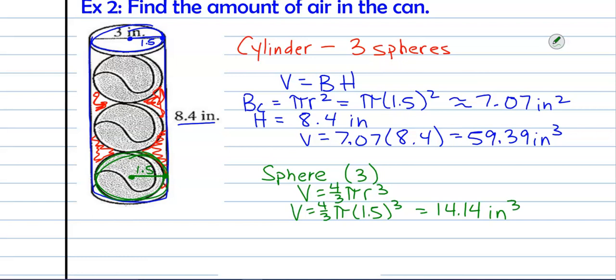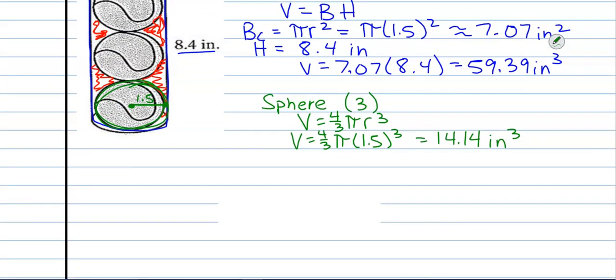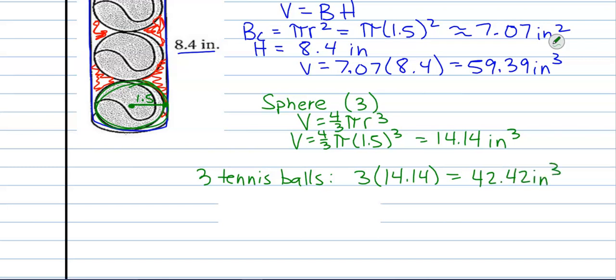Now we need to make sure that we multiply that by 3. So I'm going to write that down: 3 tennis balls would be 3 times 14.14, which is about 42.42 inches cubed.